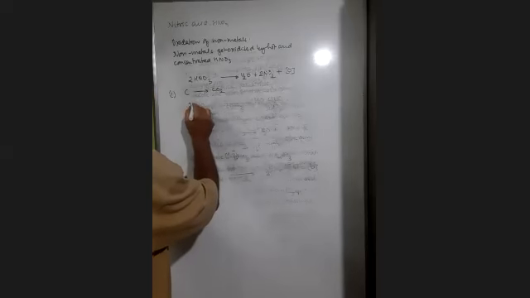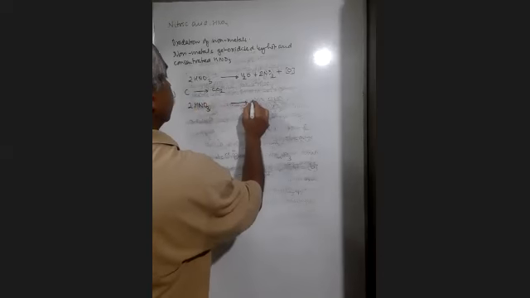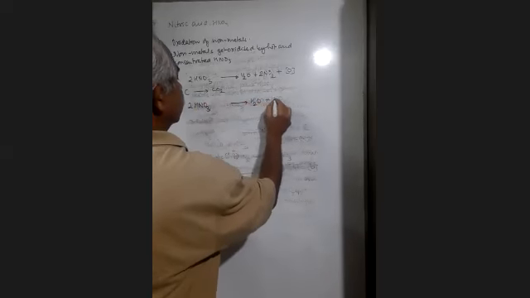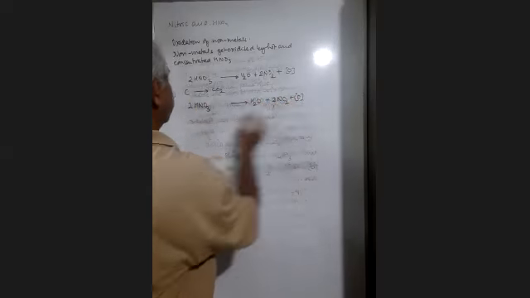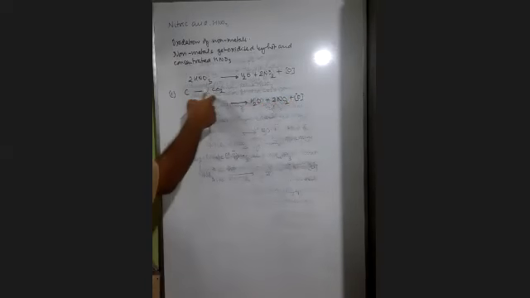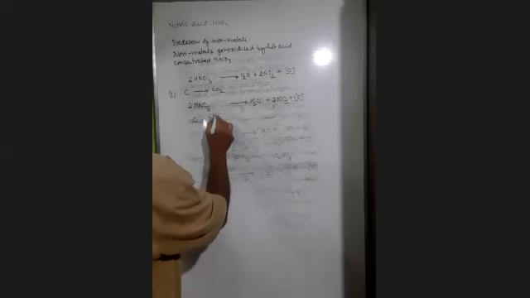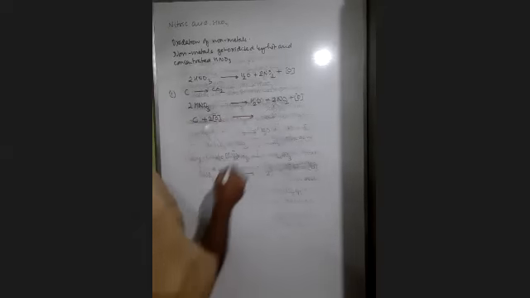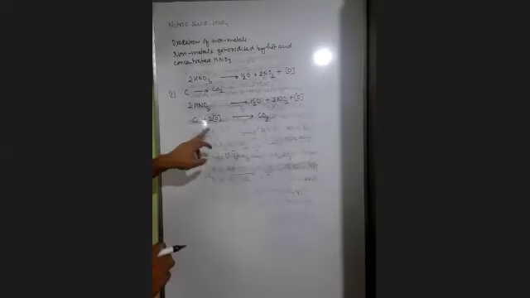See, I know the equation. This is my equation: H2O, I know the secret now. See here, carbon. What is the product? The product is carbon dioxide. So how many oxygen do you require? You require 2 oxygen to get carbon dioxide. Now, who is going to supply this oxygen?